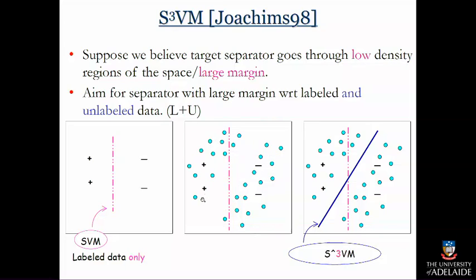Those circles represent unlabeled data. Apparently, if we still use the hyperplane which was found using the standard support vector machine, then some of the data will be on the wrong side, right?